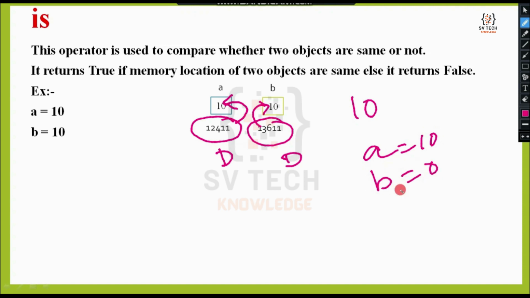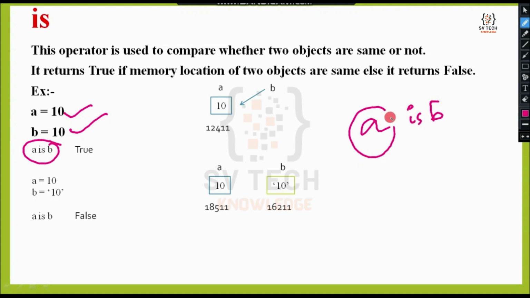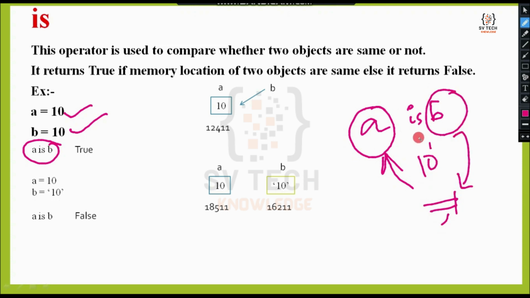Here I am saying a is b. I am saying that the address location which contains a and the address location which contains b are different but holding the same value 10. This is the is operator.